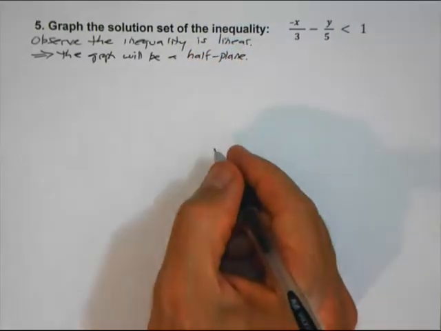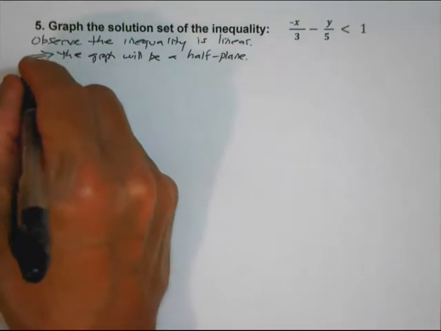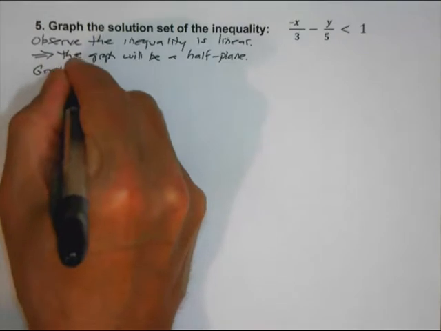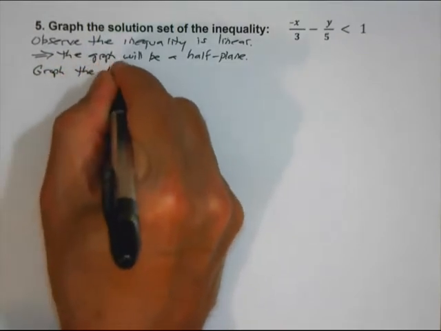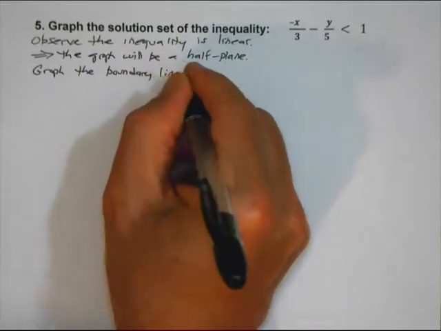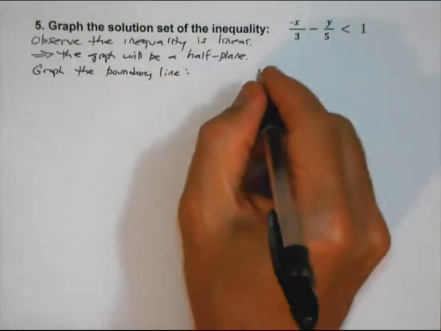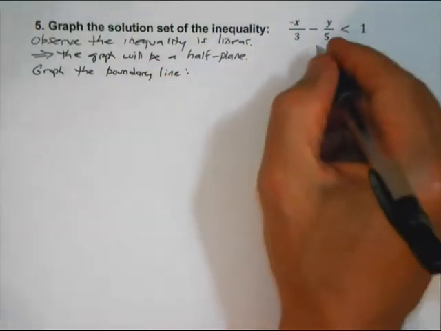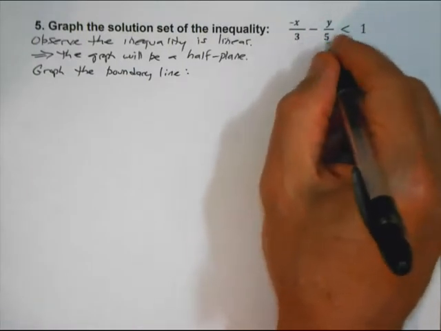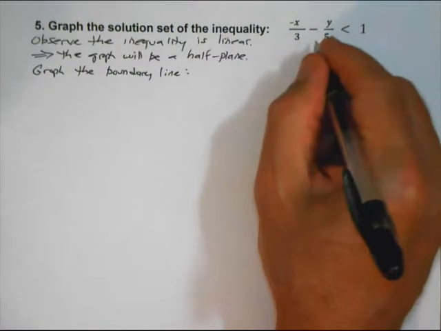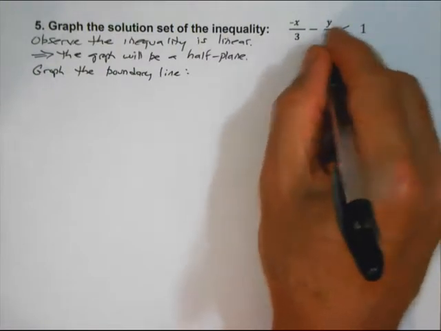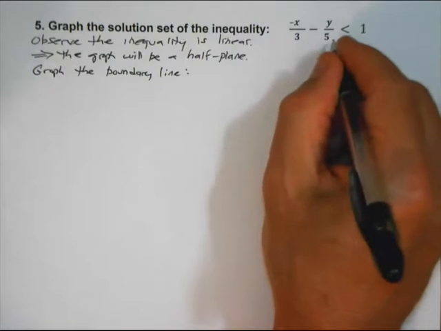Alright, so for starters, we need the graph of the boundary line. Now, as you look at this, you might decide there are several fractions here, a lot of negative signs. Maybe you want to do some algebraic manipulation before you go further.